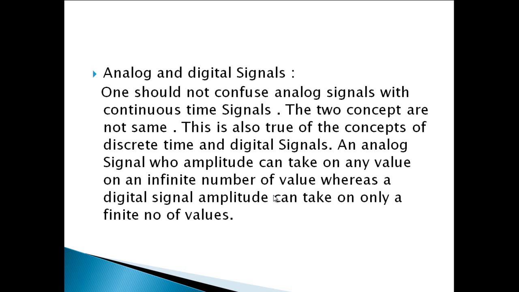One thing should be clear: a discrete signal can also be an analog signal. Similarly, a digital signal can also be a continuous time signal, right? Because in continuous time and discrete time signals, you consider the time axis, whereas in digital or analog signals, you consider the amplitude.